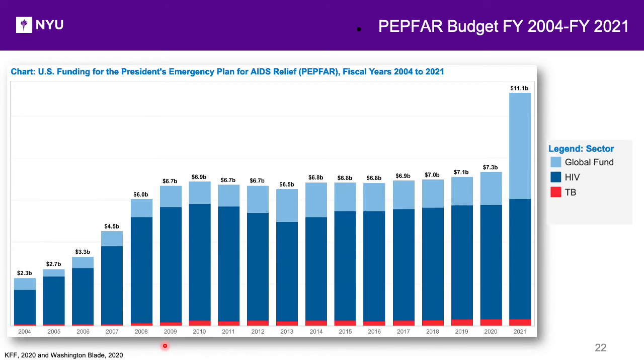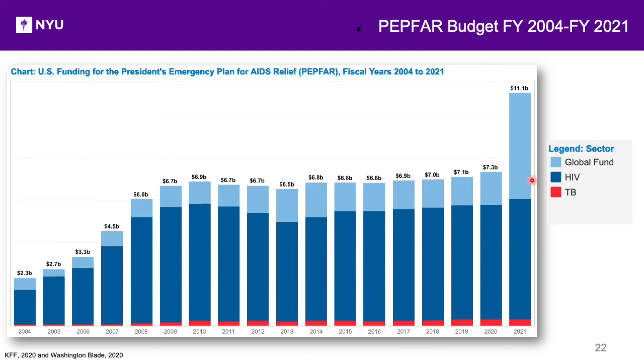PEPFAR is one of the largest single programs within the U.S. HIV portfolio. As you can see, in 2004, it was around $2.3 billion. In 2020, it was 7.3 billion, and in 2021, the allocated or requested is $11.1 billion. In terms of PEPFAR's money, most of it is, of course, HIV.